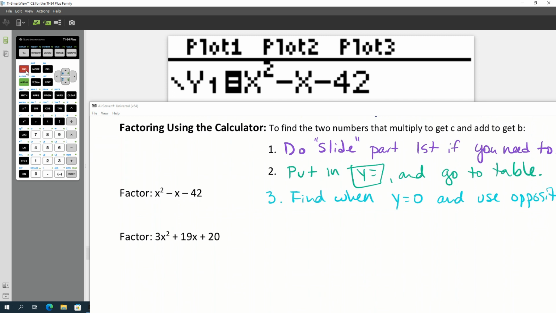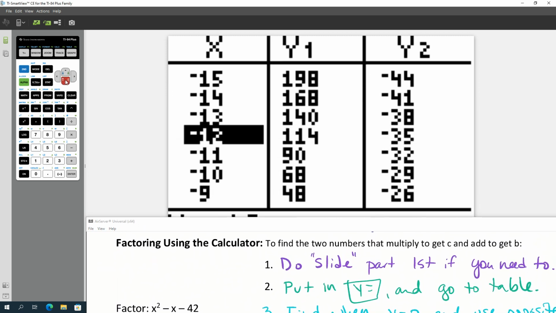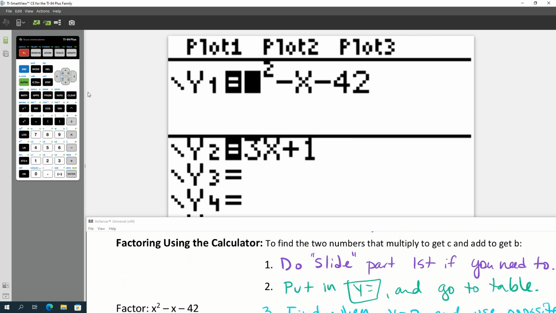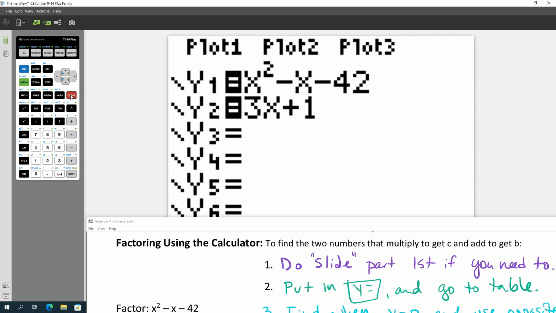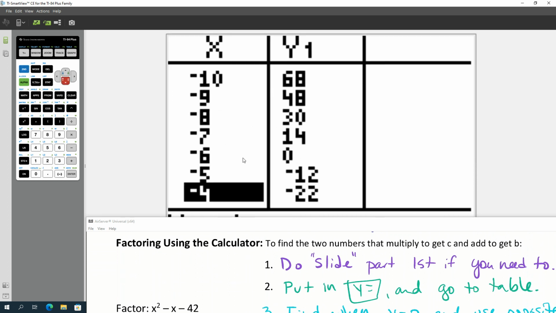All right, and then we'll go to the table by hitting second graph. Those numbers are pretty big, so I'm going to move away from the other one.